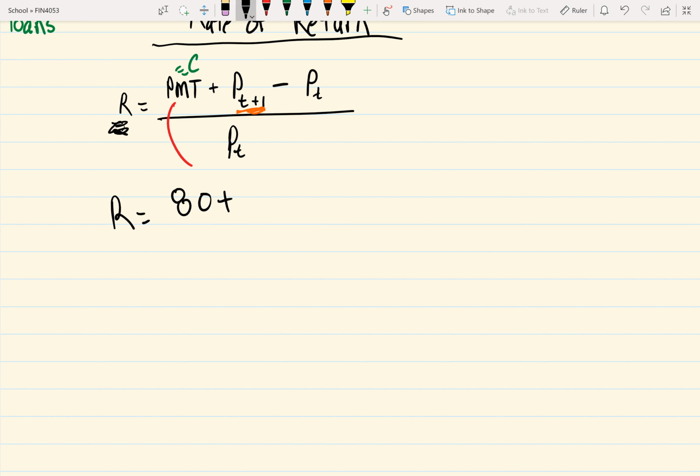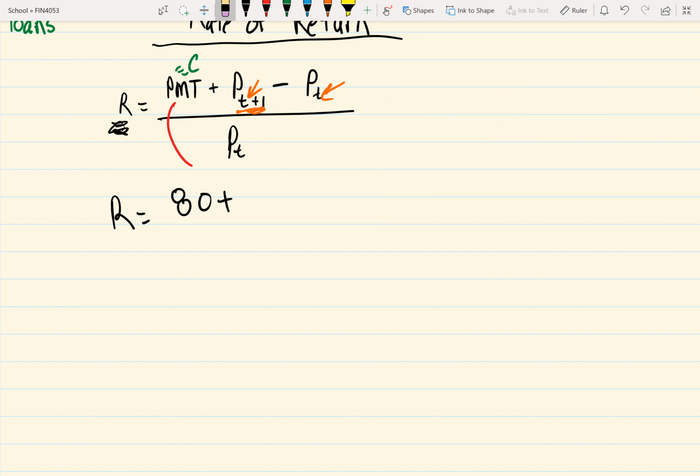Plus, and this T minus 1 subscript here, that just means in the future. And if it's T, that means today. So if they showed P T minus 1, that's last year's or last period. If it was P T plus 5, that'll be the price in 5 years or 5 months, whatever the periods are.